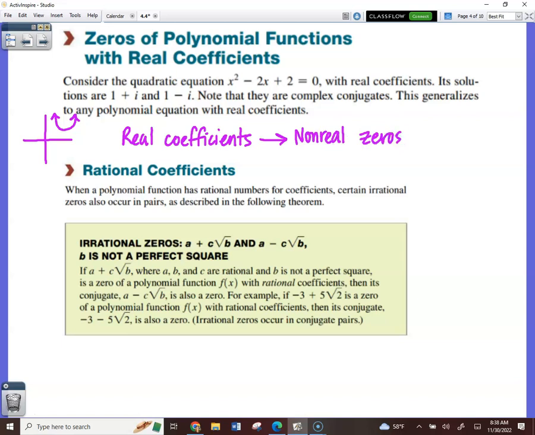Just because it's real coefficients doesn't dictate that it's a real solution. It can produce non-real zeros, and they are always of the form a plus or minus bi. Non-real means imaginary.